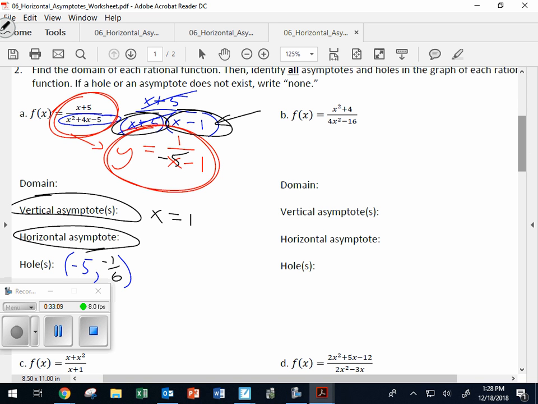Last thing, domain. I would just introduce a new way of doing this and saying everything works except 2 things. The hole and the asymptote both don't work in the function. They don't give an answer. So there's 2 things, -5 and +1.